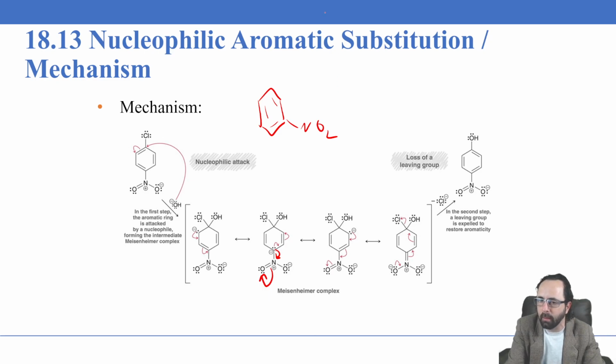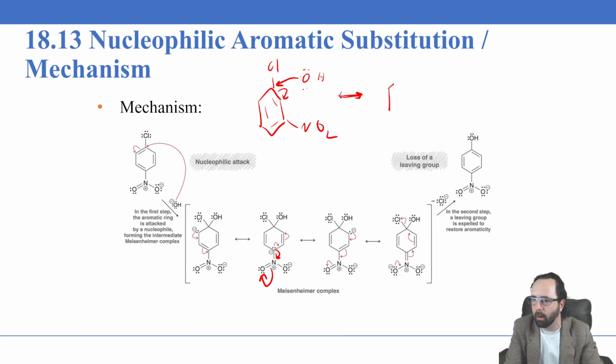What we're going to see right here is that if we have the group at the meta position, when we have the nucleophilic attack of the OH group, like this, right? And then I'm just going to do this guy right here. We get this product with the lone pair here, which is allylic.